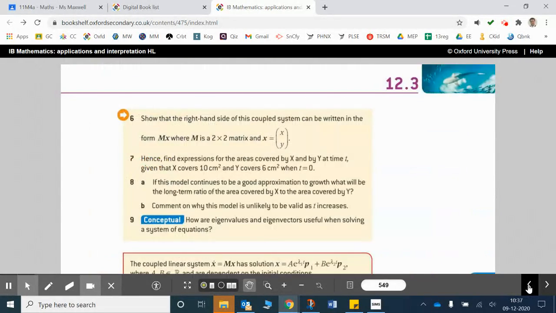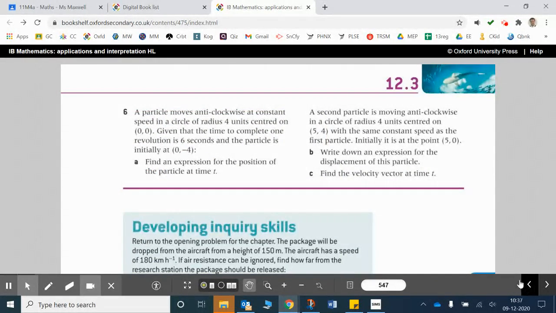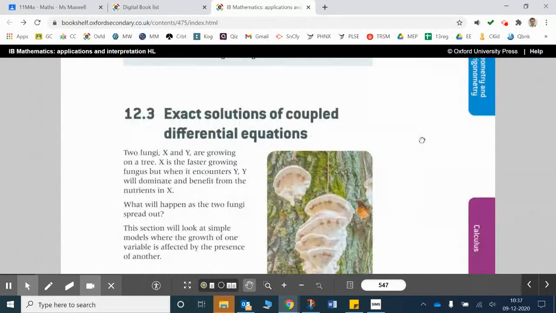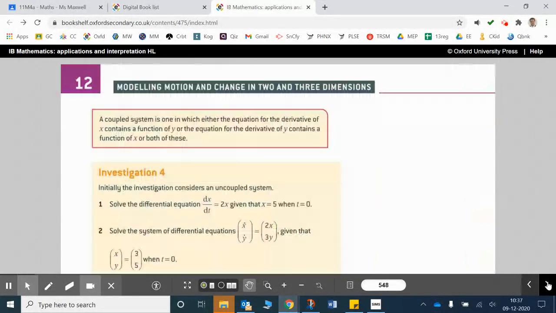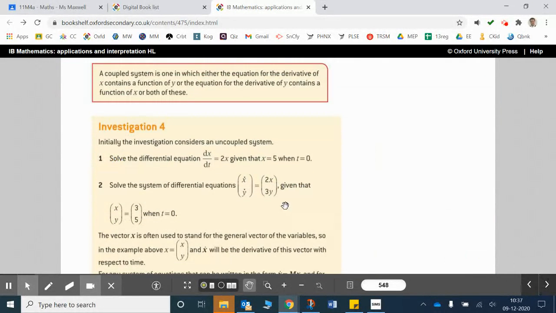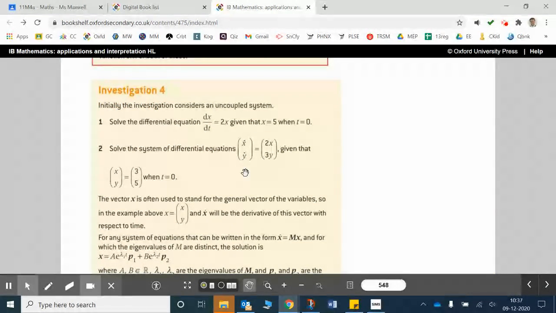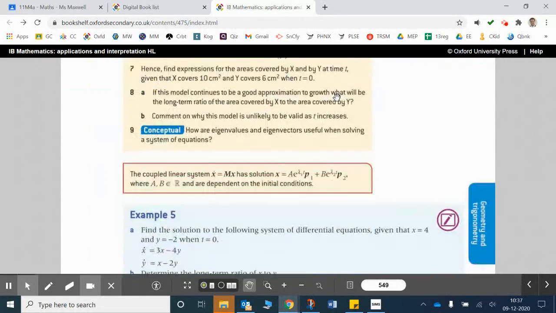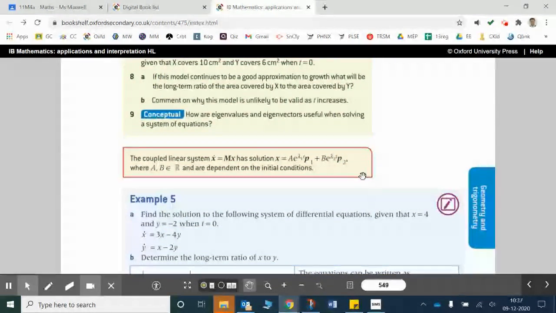I think 2f might have been the first time when we saw that. Yeah, exact solutions of coupled differential equations. That came from the explanation from this investigation, and we ended up with this box here, which is obviously the thing which we're using many times over. So that's what we've just used. In the exercise, sometimes you'll be using this method, and sometimes you'll be using Euler's approximate method.